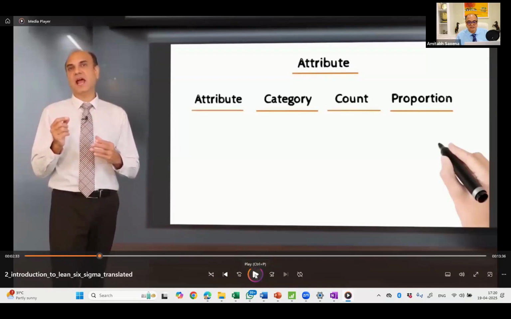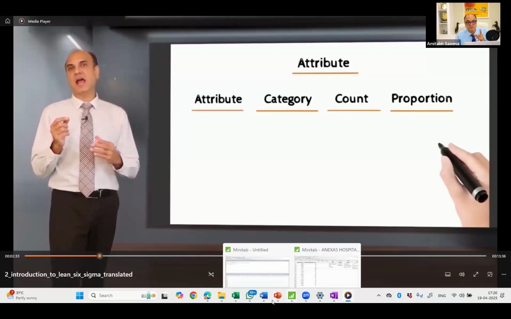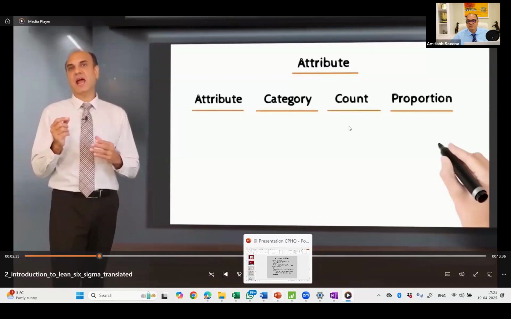So what I'm trying to say here is, whatever you want to improve, you can just write it here as an attribute, like satisfaction, emotions, and then create a category out of it.